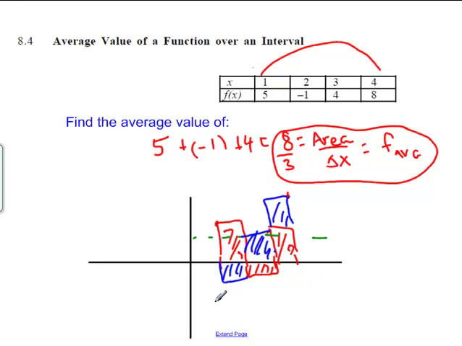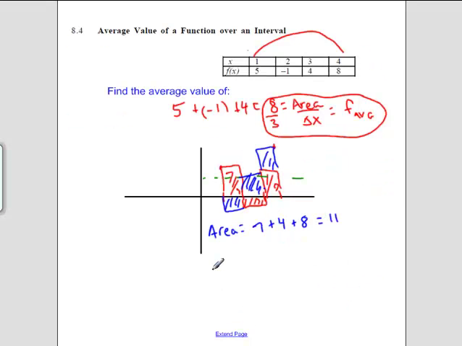In this case, my area equals -1 plus 4 plus 8, which is 11. Then I divide the area by the change in x, and this gives me my average approximation for my y value. I use f or y; these are interchangeable. But that's a very basic idea, not using much calculus.